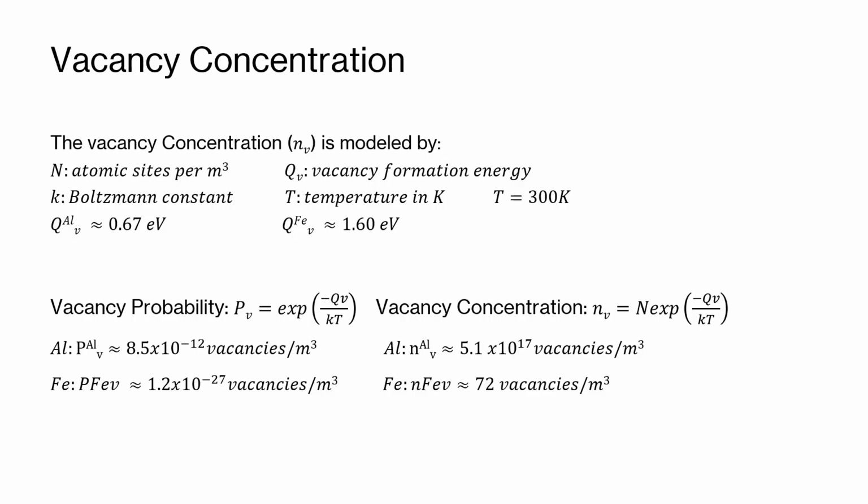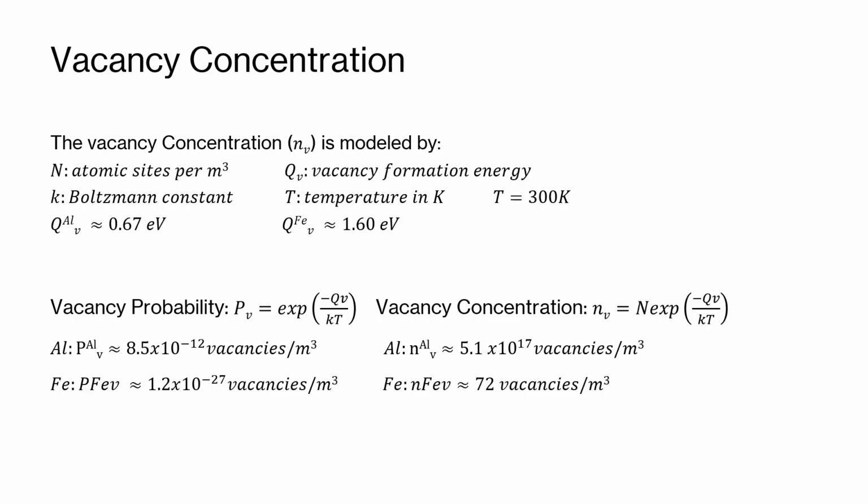All right, next we are looking at vacancy concentration. Before we get into our equations, first let's talk about what vacancy concentration is. Vacancy concentration is the fraction of atomic sites in a solid that are empty. Basically, it's the chance that a site is missing an atom.